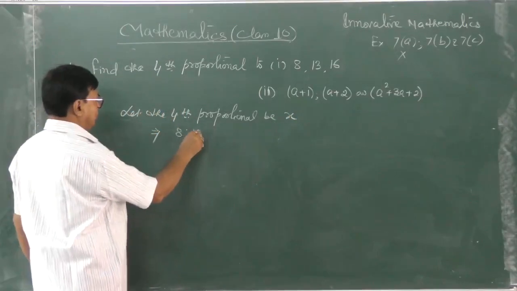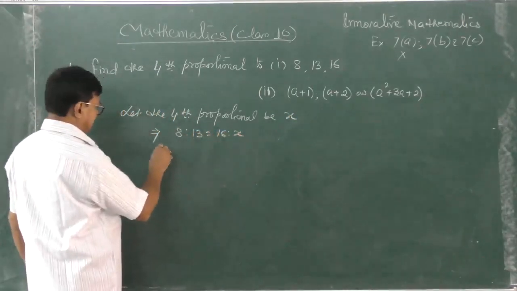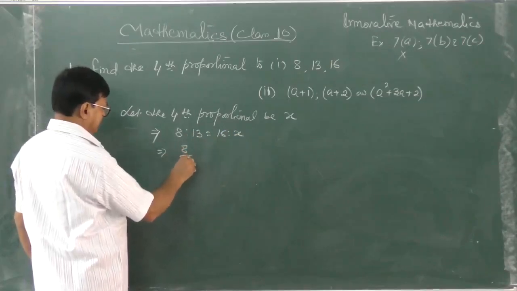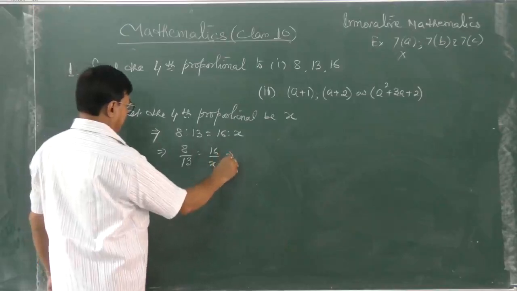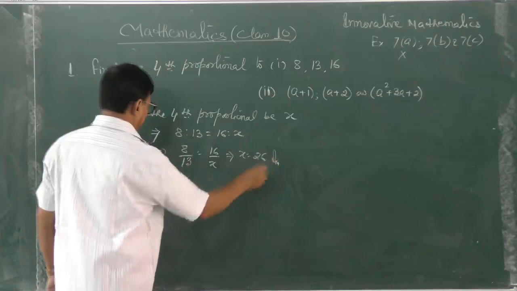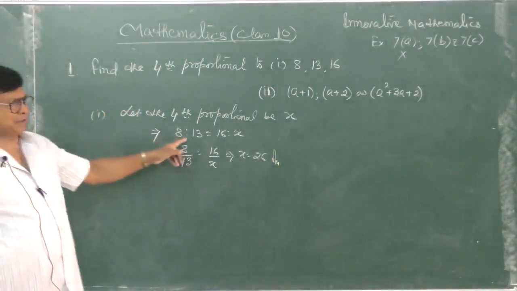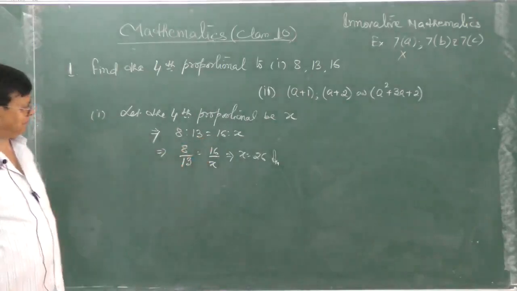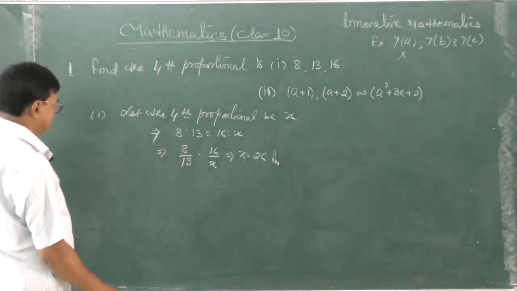Ratio of the first two is equal to the ratio of the next two. So 8 by 13 is equal to 16 by x. So x is 26. So fourth proportional is 26.